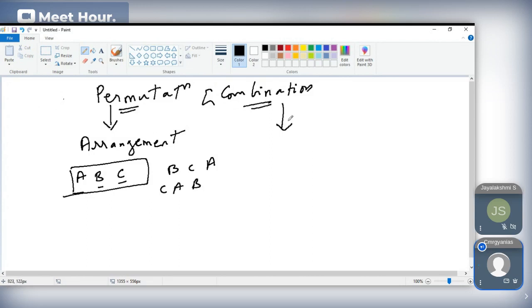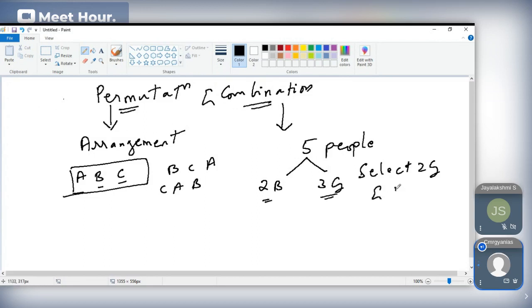Whenever you talk about combination, for example, if in a class there are totally 5 people, in this 5 there are 2 boys and 3 girls. I want to select 2 girls and 1 boy. In how many ways can I select?